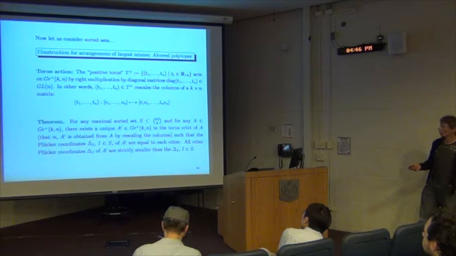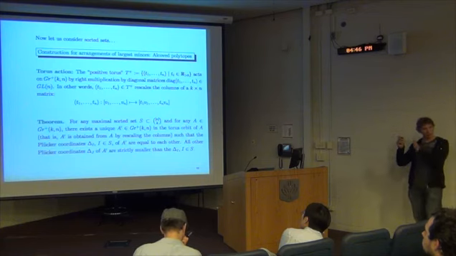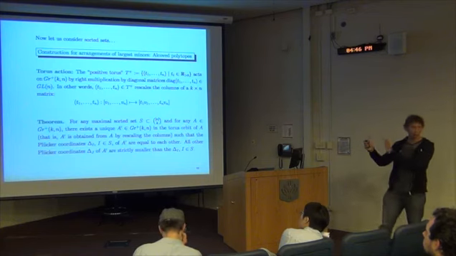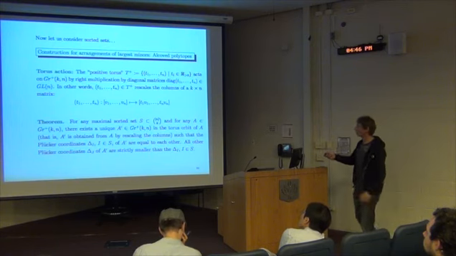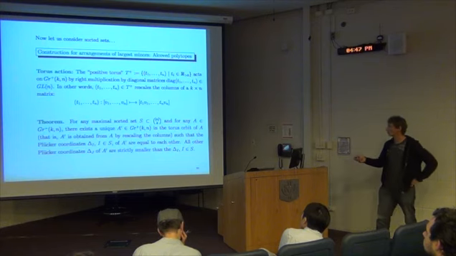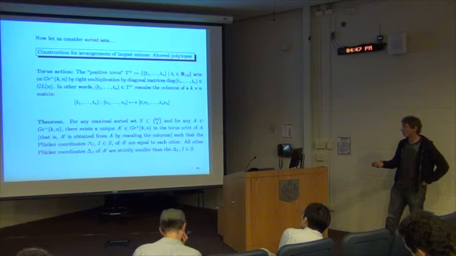And we actually proved that for any maximal sorted set, and for any element of the positive Grassmannian, there is a unique way to rescale the columns of the matrix, a unique element in the torus orbit of this A, that realizes any maximal sorted set.